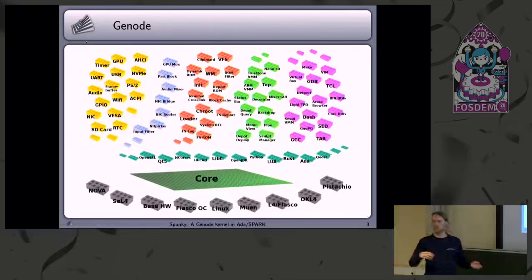Then on top of it, you have a vast collection of components that you can put together like Lego bricks to create your own individual system. This individual system can scale from embedded systems up to desktop systems. In our office, we actually use our own desktop system built on Genode for work. There are a lot of drivers for the most common hardware on x86 and on ARM.